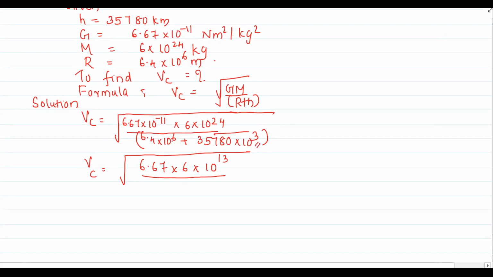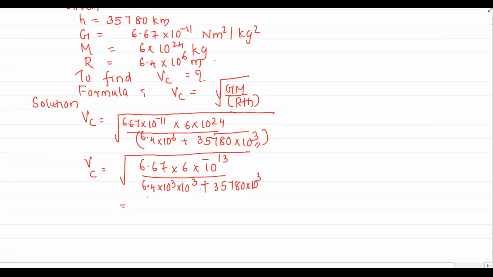So 10 raised to 6 we can write as 10 raised to 3 into 10 raised to 3, since a raised to m into a raised to n is a raised to m plus n, that is 3 plus 3 is 6. That is 6.4 into 10 raised to 3, making the calculation easy. Here it is addition, plus 35,780 into 10 raised to 3.